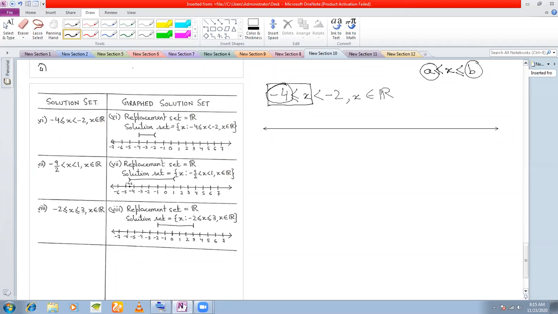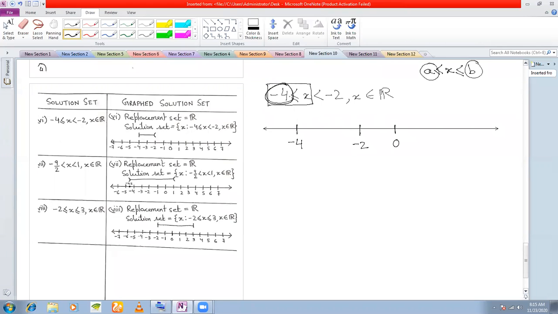So in this case minus 4 is the lower number, so I have a minus 4 here, say, and say I have a 0 here, and say I have a minus 2 here. So how will you graph this on the number line?